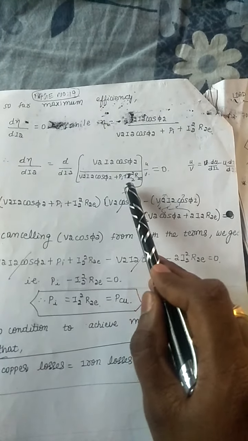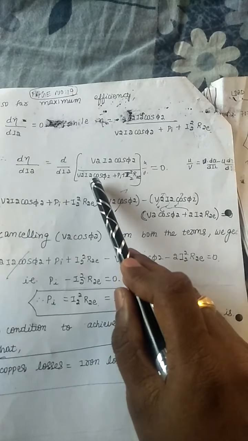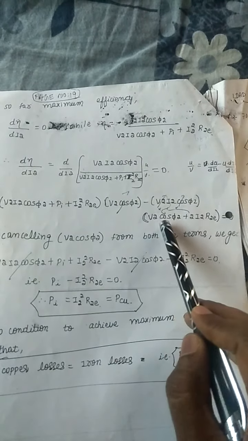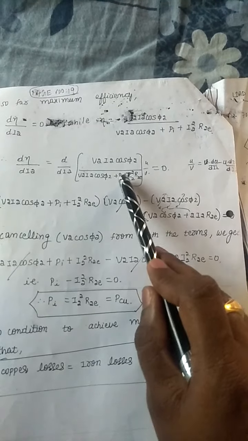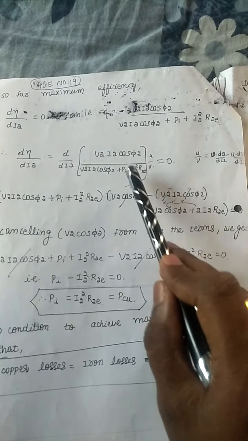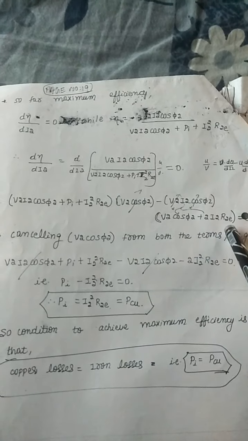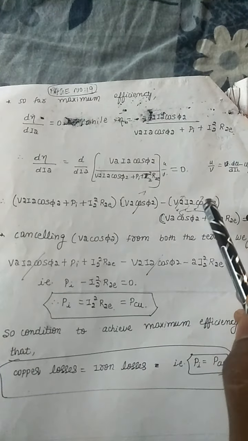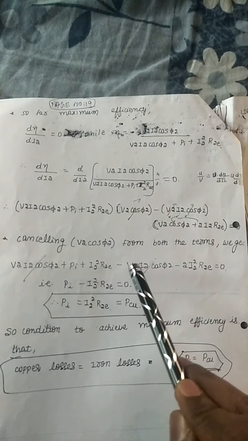It comprises three components. When you differentiate the first component with respect to I2, you get V2 cos phi 2. Pi is a constant term, so it becomes 0, and I2 square R2 gives 2 I2 R2. Now V2 cos phi 2 will cancel in both the terms.